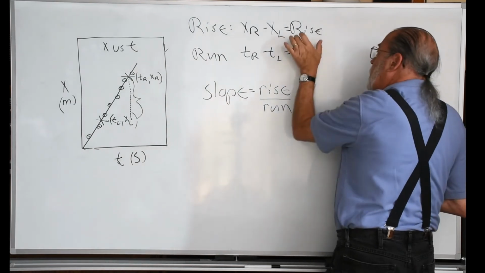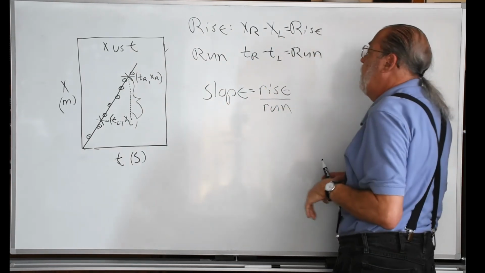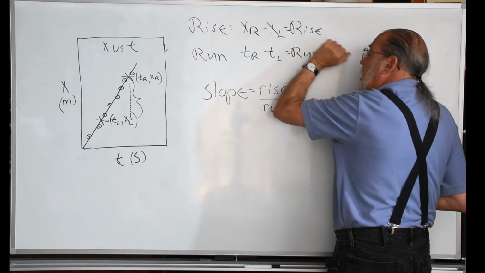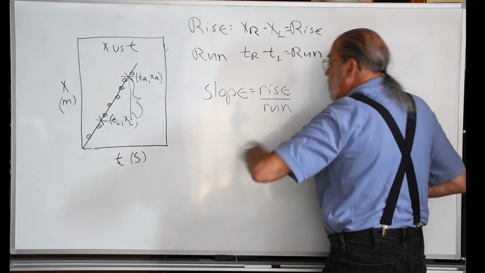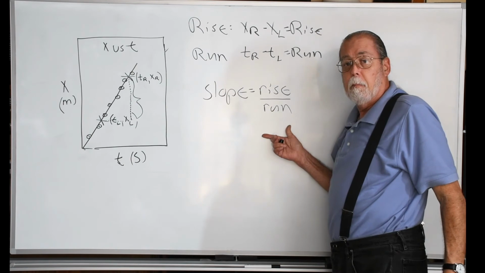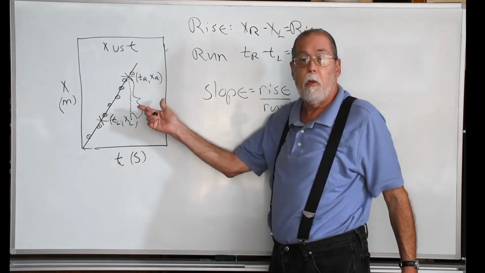So then you take your answer from here, bring it down to here, take this answer and put it down here. I prefer that you not take this divided by this. I prefer a separate calculation here, separate calculation here, separate calculation here. And this is the slope of the line on the graph.